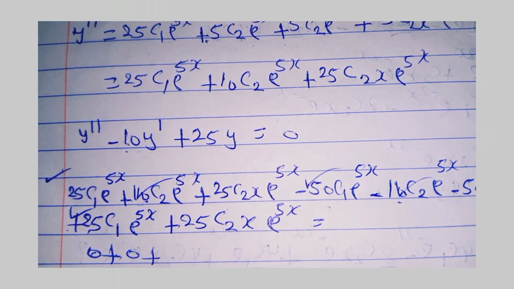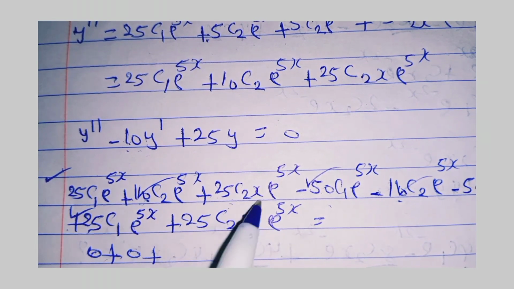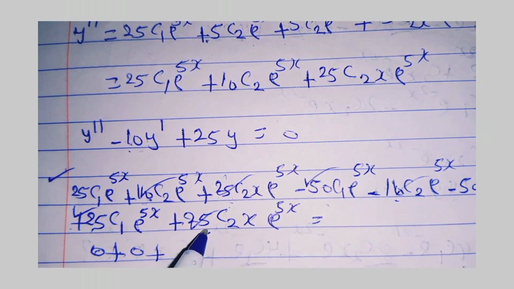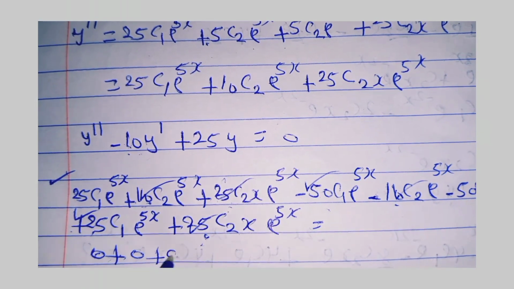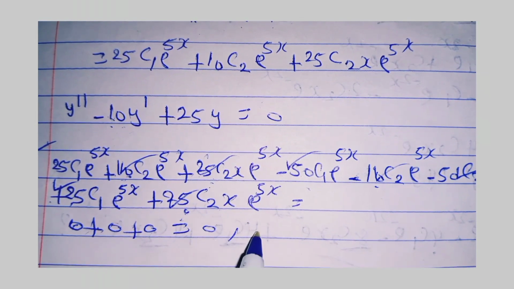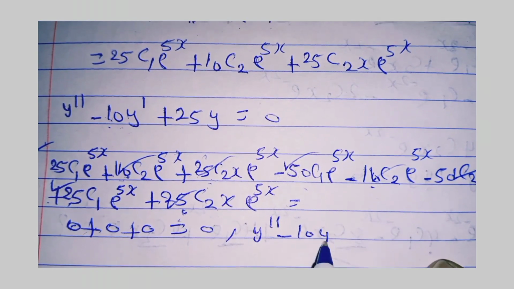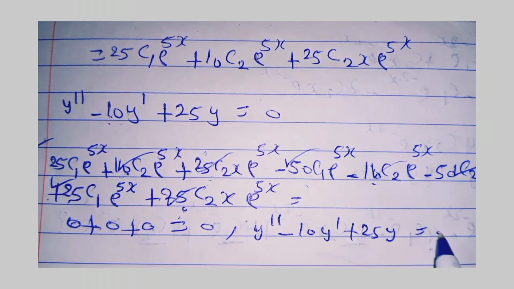Next, plus you have 25 c2x, and this other one here, 25 and 25 will give you 50. 50 minus 50 will give you 0, which is equal to 0. Meaning that now, when we have y double prime minus 10y single prime plus 25y, the result is equal to 0.